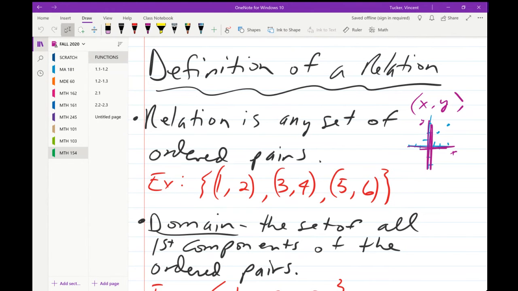So before we get to functions, we're going to define what a relation is. A relation is just any set of ordered pairs. So an example of that: (1, 2), (3, 4), (5, 6).